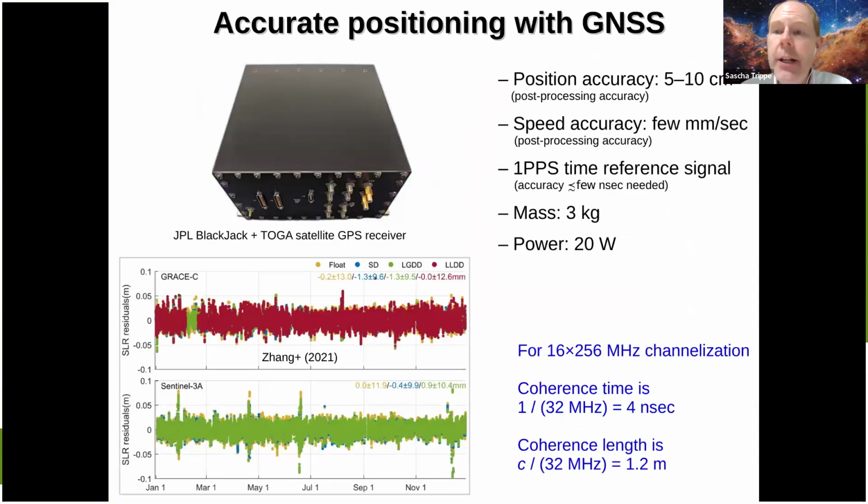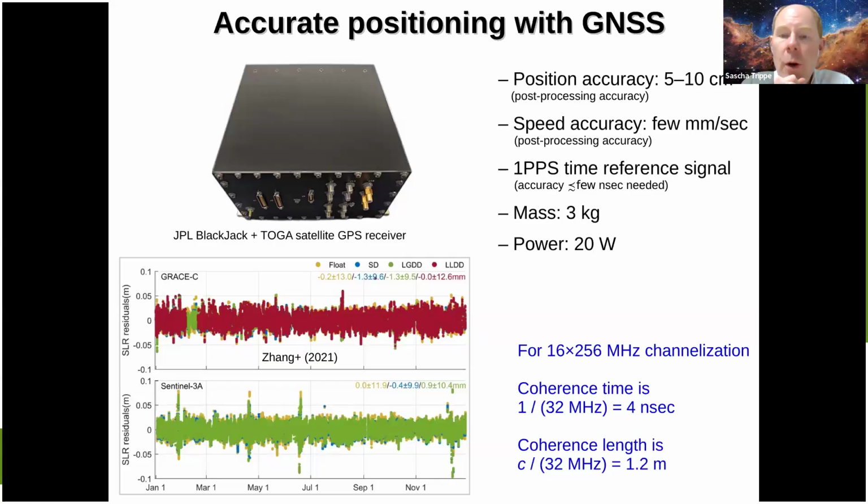We need to know the position of our antennas in space as well as possible, ideally better than the coherence length of the signal. Coherence length is essentially given by the inverse of the bandwidth, which is 4 gigahertz in our case. That's the coherence time, multiplied by the speed of light gives the coherence length.